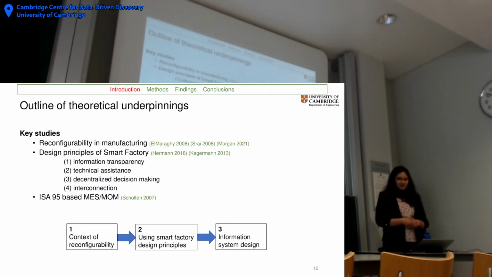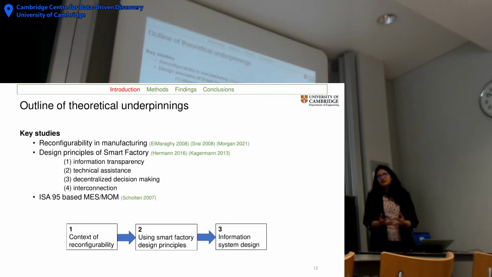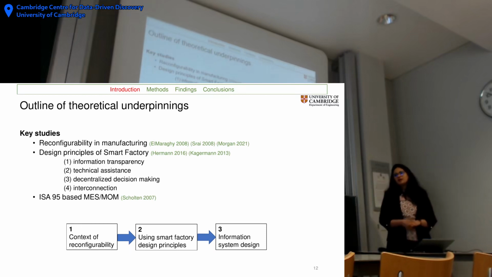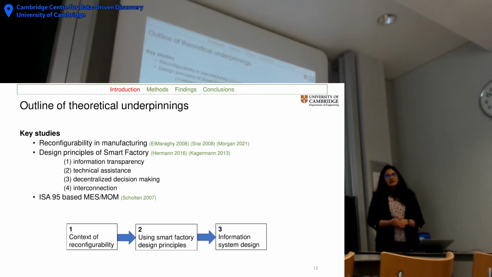And this is the theoretical framework of our study. We have drawn from three large areas of research. The first one is reconfigurability in manufacturing. That's more to do with flexible manufacturing literature that comes directly from the operations management and supply chain management field.